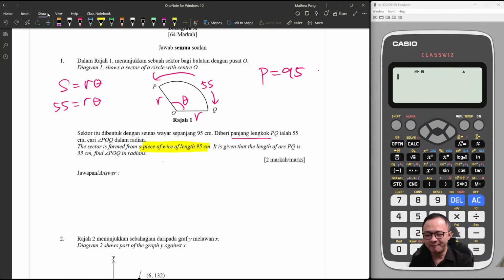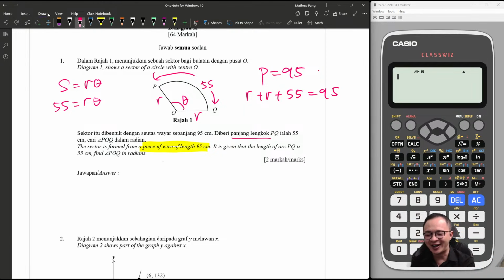So that means r plus r plus r theta is 95. Is there any way we can get the r here? It's given the length of r is PQ. Oh, we can straight away do 95 minus 55.